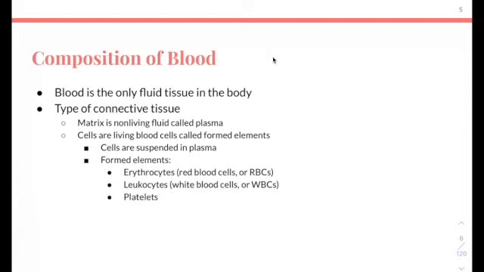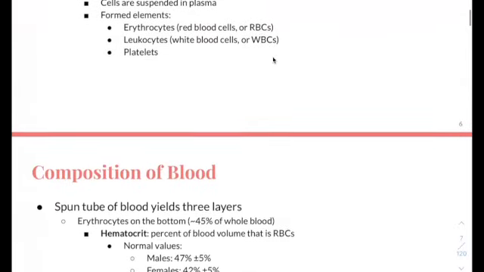The cells are living, so they're called formed elements, and they ride around our body in plasma. So blood is made of red blood cells, the anatomical term for which is erythrocytes, while white blood cells are called leukocytes, and then platelets are just called platelets. They make that one easy.